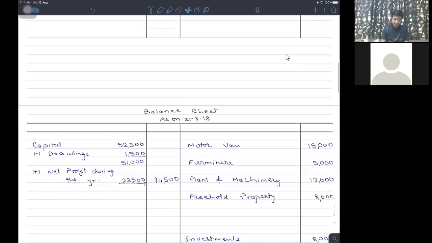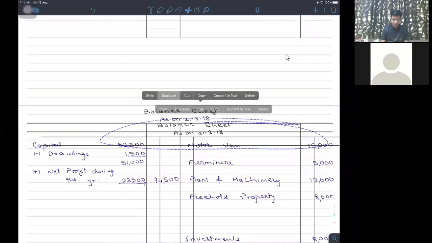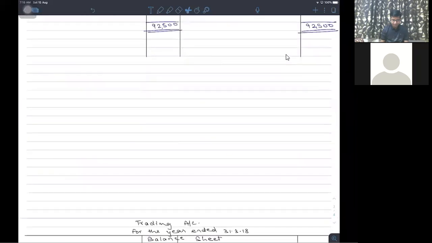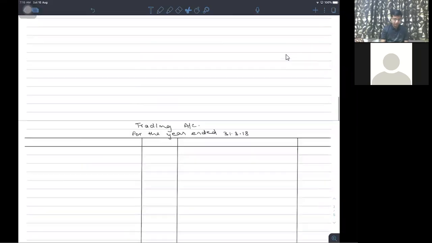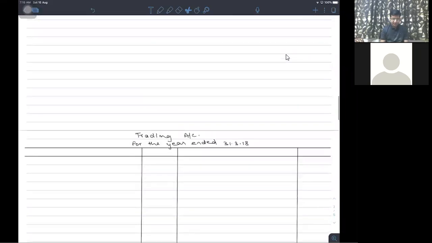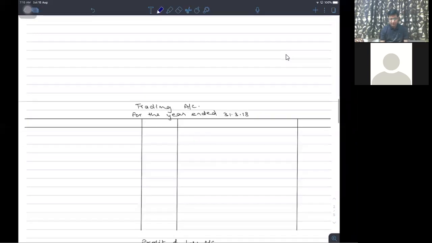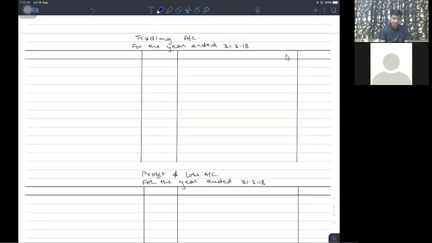And you'll need the balance sheet also. All right. So the first adjustment which was given is closing stock valued at 40,000 and 45,000. We'll surely be taking the closing stock at 40,000.